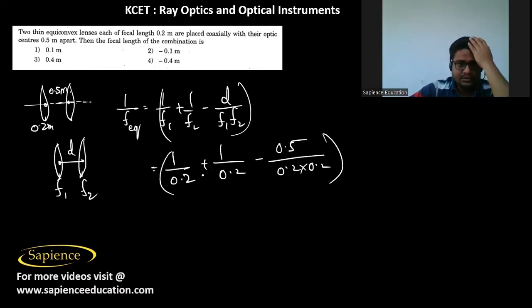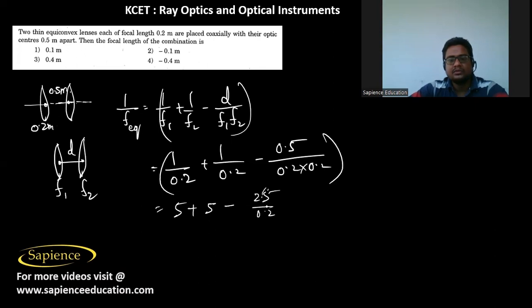So this is 5 plus 5 minus 0.5 by 0.04, which is 12.5. So 10 minus 12.5, it is minus 2.5 meter inverse.